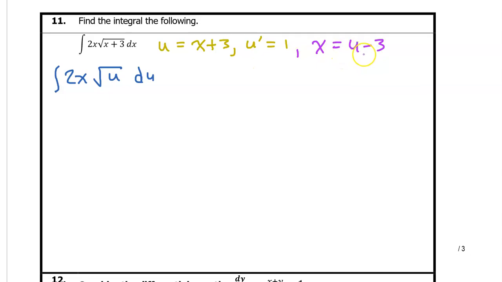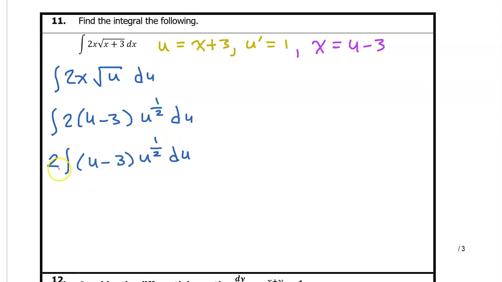If we use this to substitute back in for x, we end up with the integral of 2 times u minus 3 times, well, instead of the square root of u, I will write u to the 1/2 power, du. Let's pull the 2 out in front of the integral, so we have this. Now let's distribute u to the 1/2 power. So now we have this. We got the 3/2 by adding 1 plus 1/2.